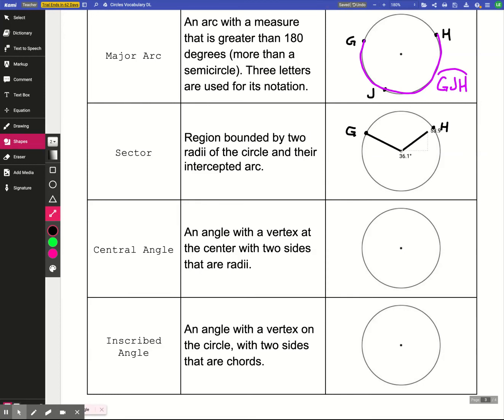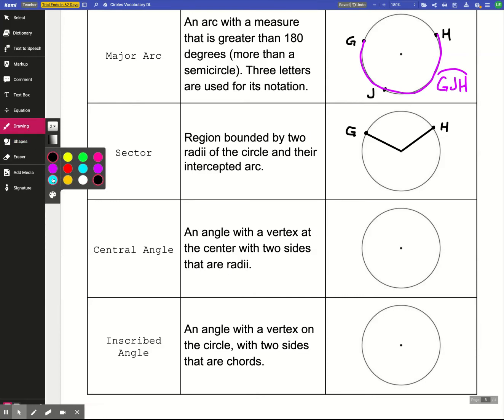So a sector is just some portion of the area of a circle. This that I'm shading in blue here is a sector of this circle. The very fanciful definition is a region bounded by two radii and what's called the intercepted arc.